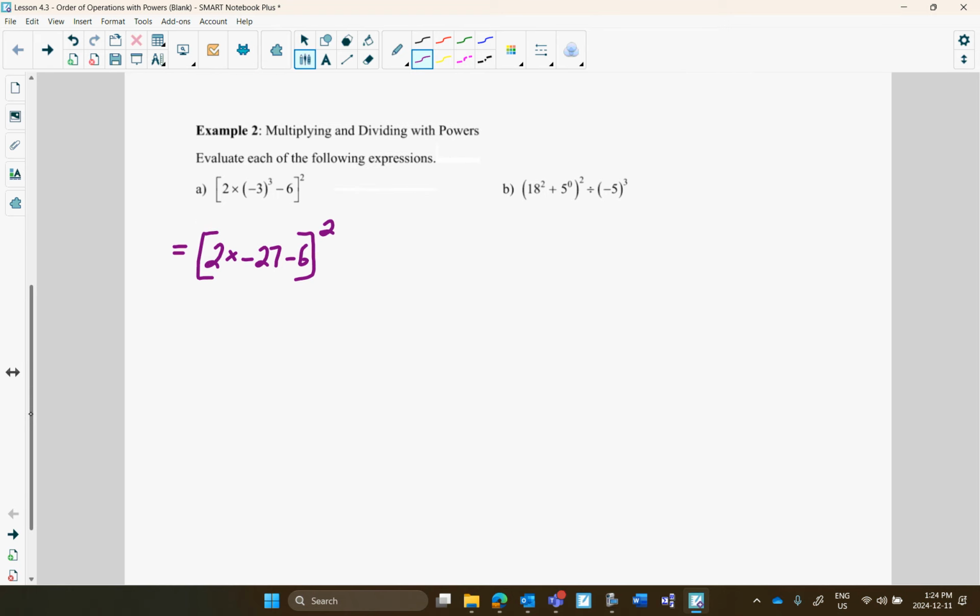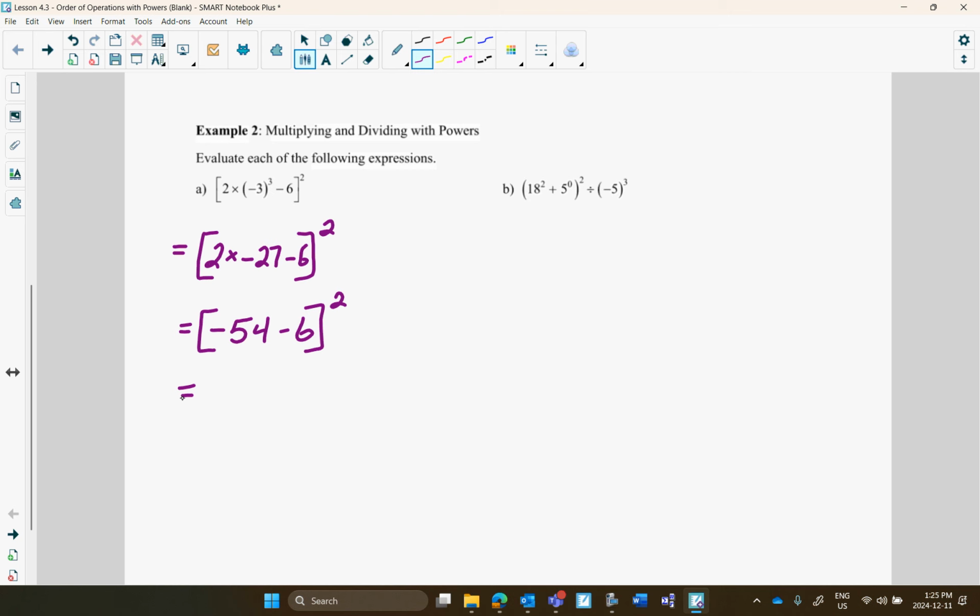So I got to work inside the brackets. What do I do first? Tell me. Which gives us? Just 2 times negative 27, negative 54, minus 6 is squared still.